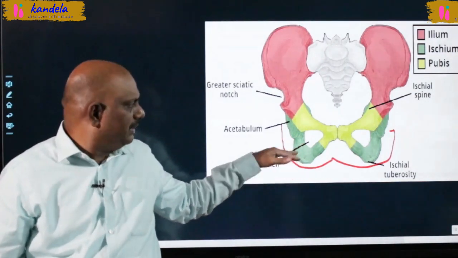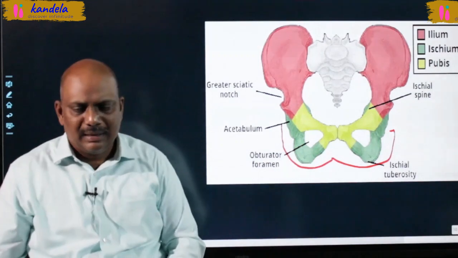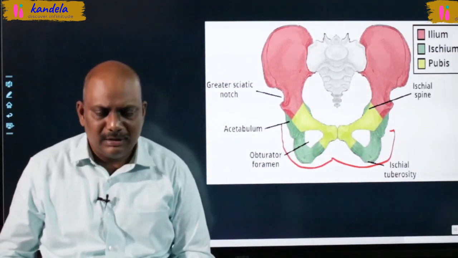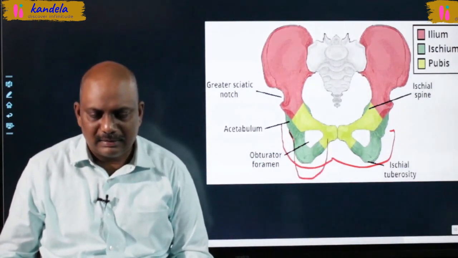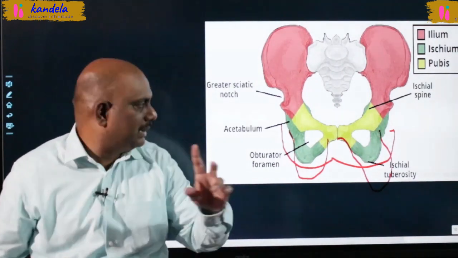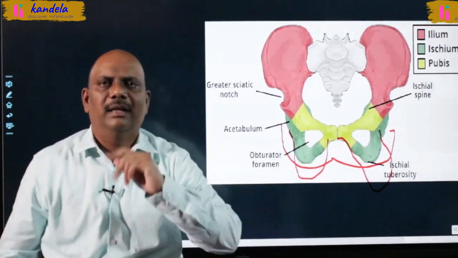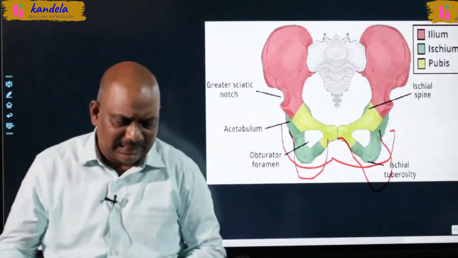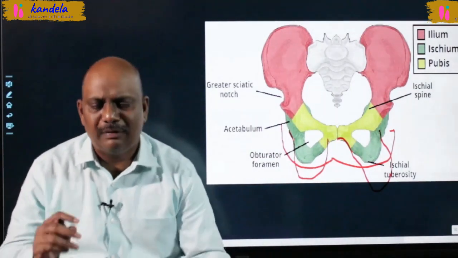This bone is very short for us, but for quadrupedal animals it used to be very lengthy like this. And even for Australopithecus, these bones are very lengthy. So as a result, they had a different type of locomotion.